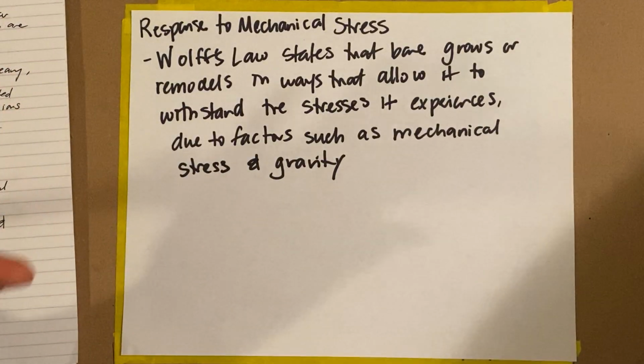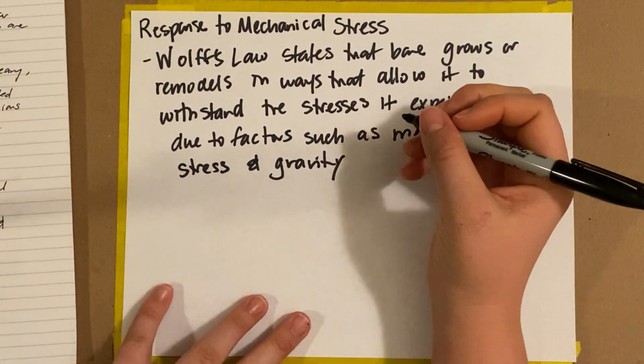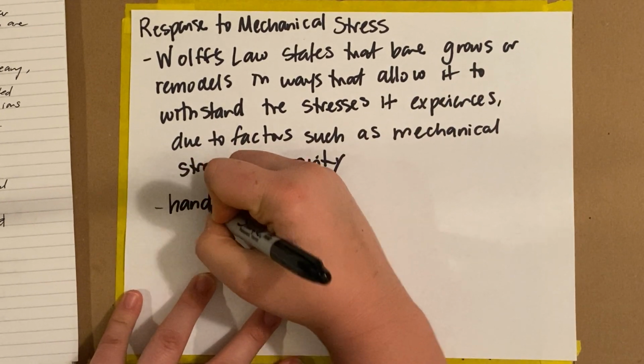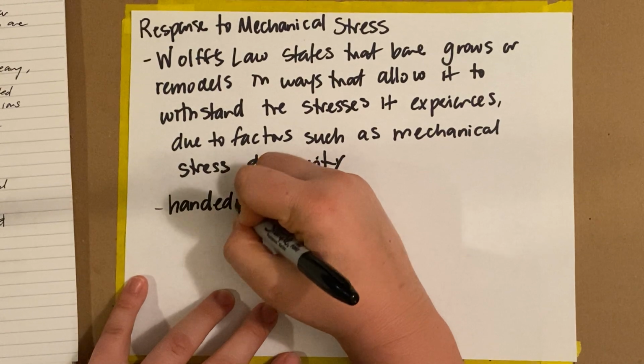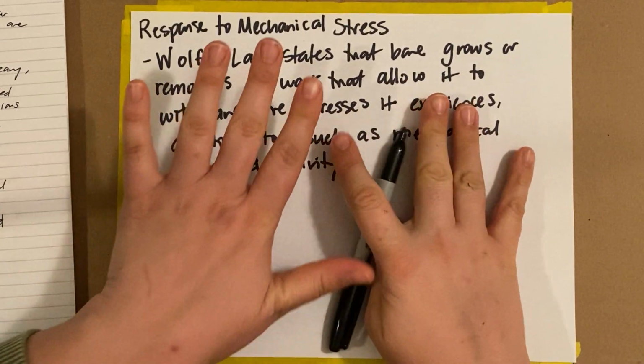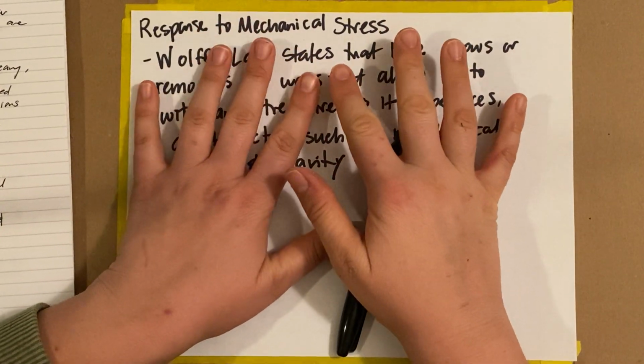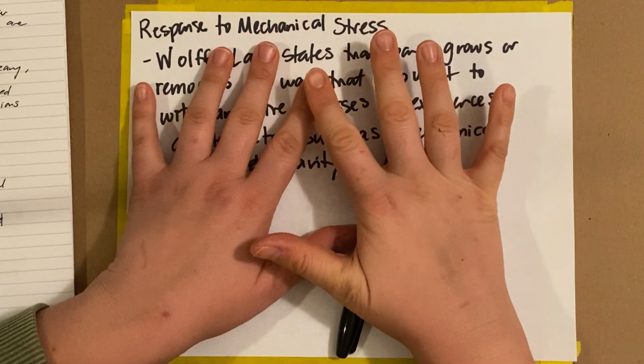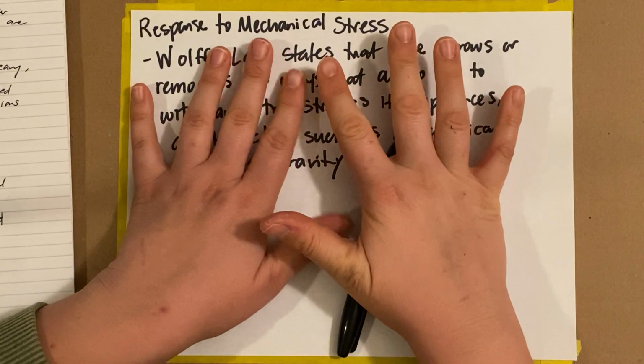Okay. Now, something interesting about Wolff's Law is it explains some other things. So all of us, or most of us, have handedness. So we're either right-handed or left-handed. And I don't know if you've ever paid attention, but normally your dominant hand, so for example, my right hand, which is my dominant hand, is going to be thicker.